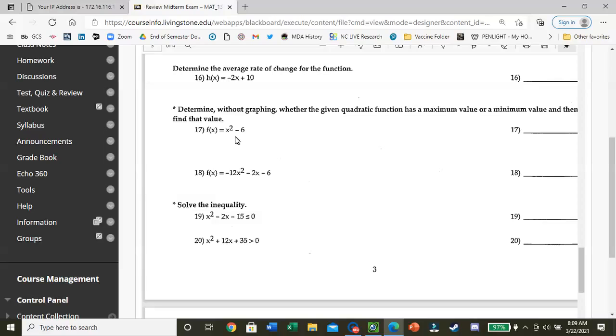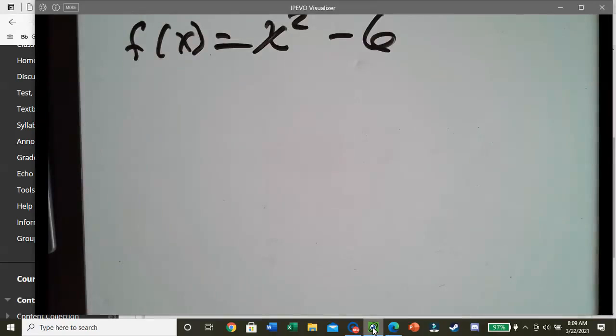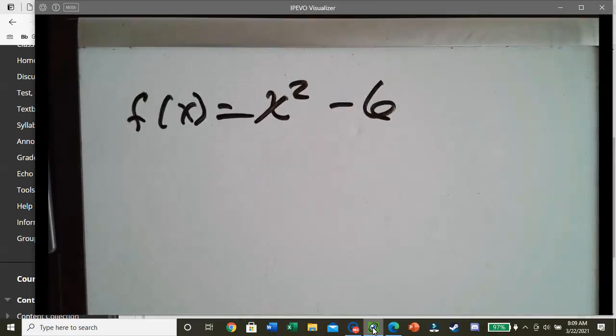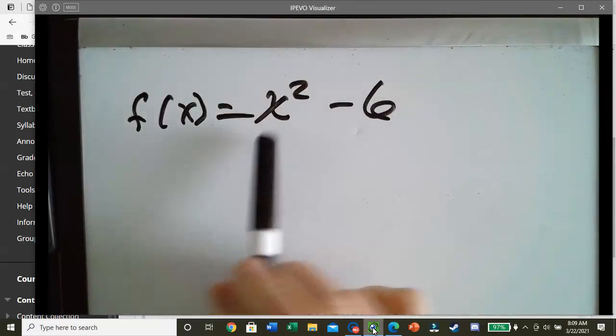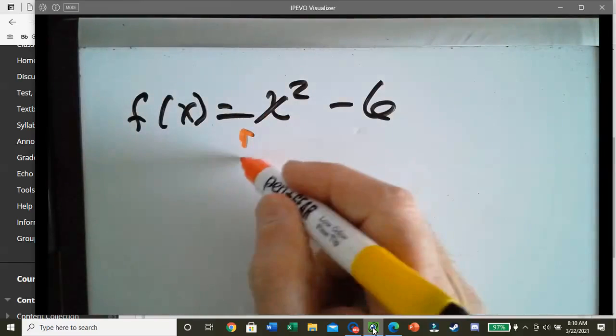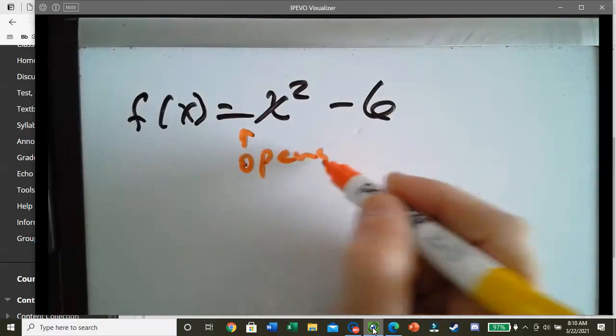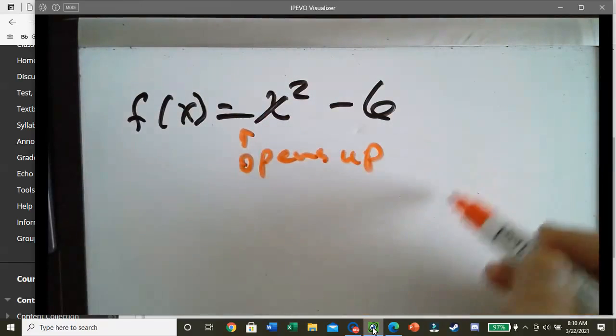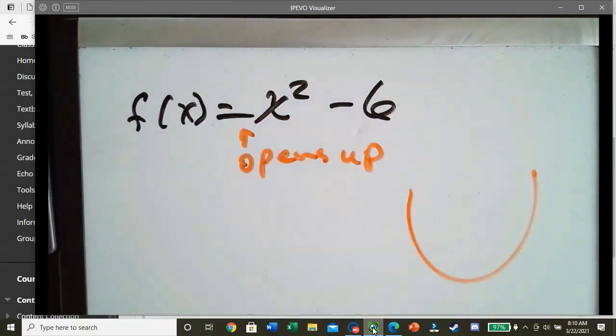With that, you look to see which way is this going to open. It opens up, right, because it's positive, right? So we know it's going to open up.